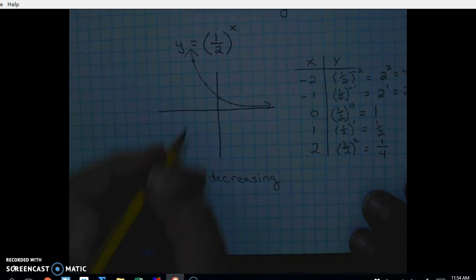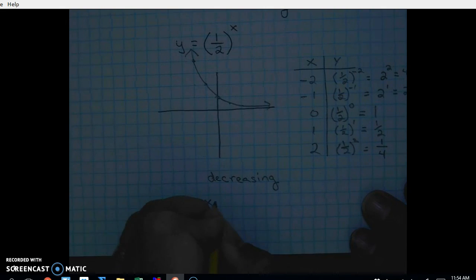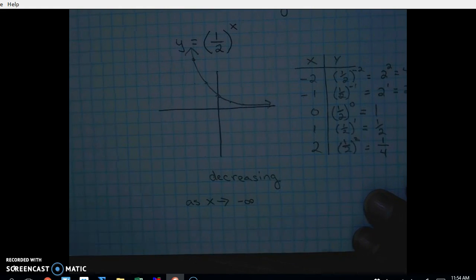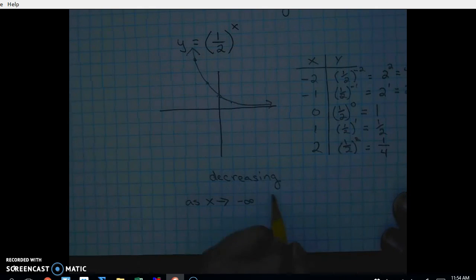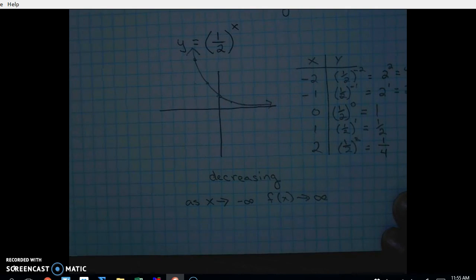Now let's write the end behavior for this. So going to the left, as x approaches -infinity on the left, y is approaching +infinity because we're going up infinitely.